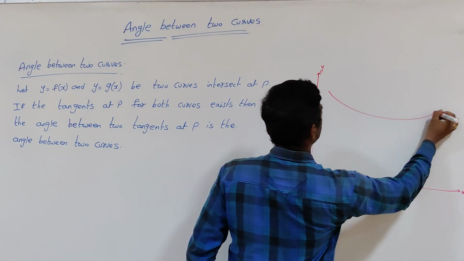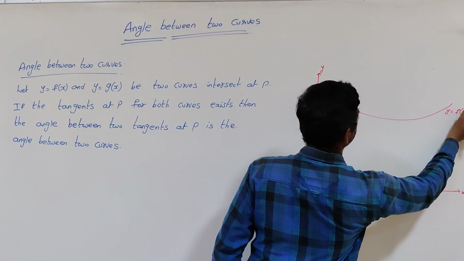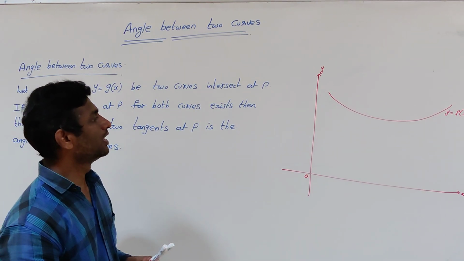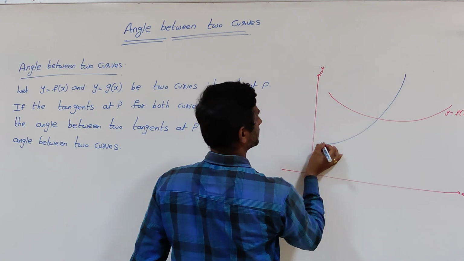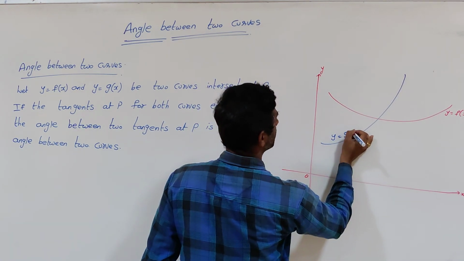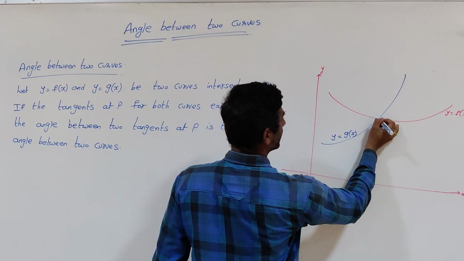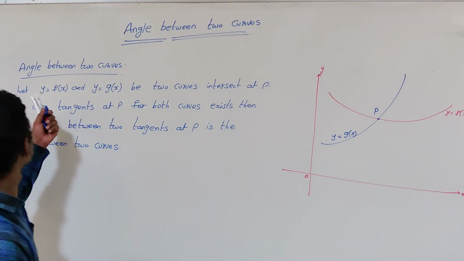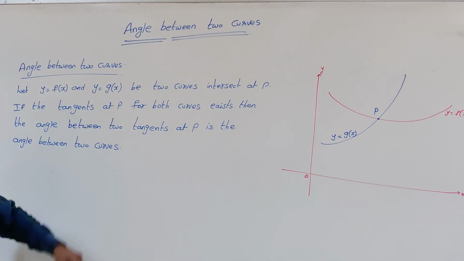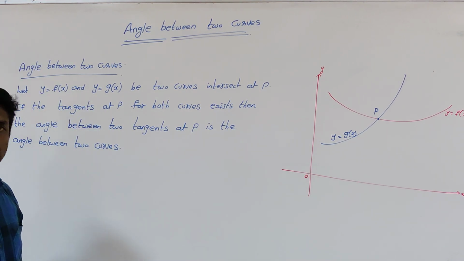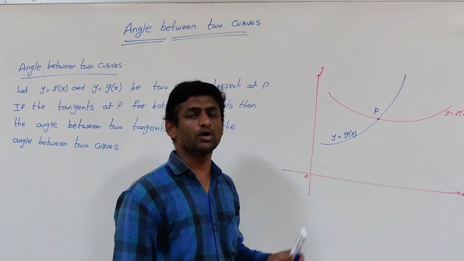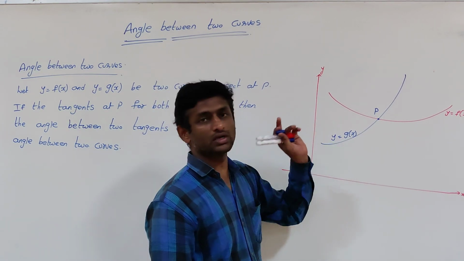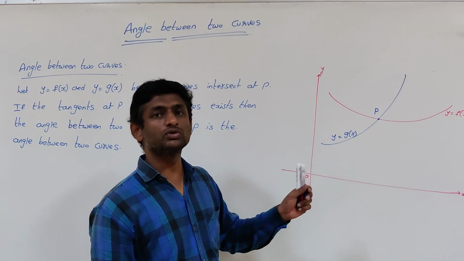Assume that there are two curves: y is equal to f of x is one curve, and there is one more curve, y is equal to g of x, and these two curves intersect at P, that is the given. We don't know what the point is, so assume that it is x1 comma y1, which lies on both the curves.